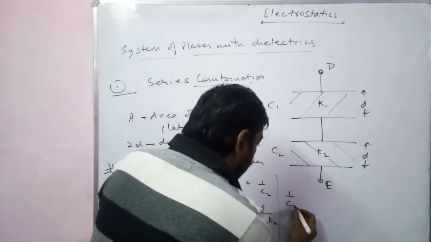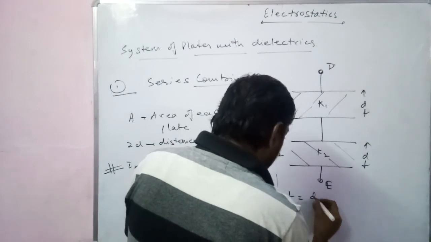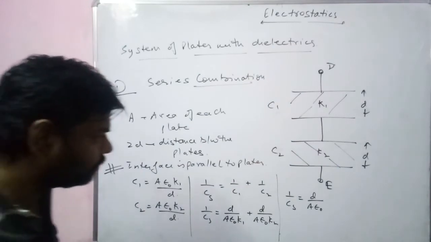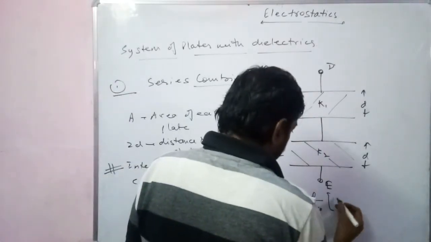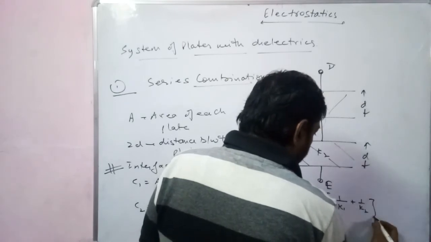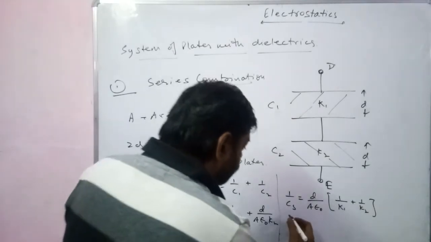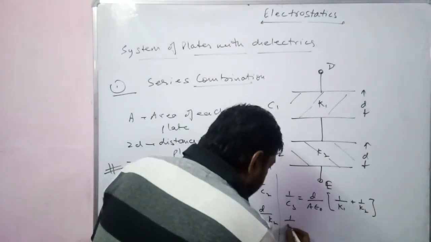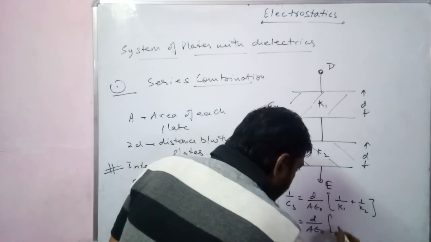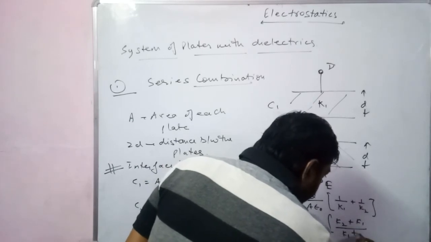Solving it, 1 upon CS is written as d divided by A epsilon naught, which is made common, into 1 upon K1 plus 1 upon K2. On further doing the calculation, this 1 upon CS is written as d divided by A epsilon naught into K2 plus K1 divided by K1 K2.